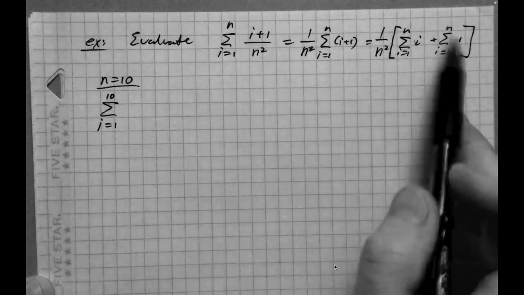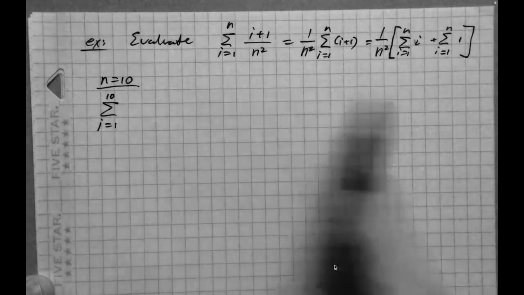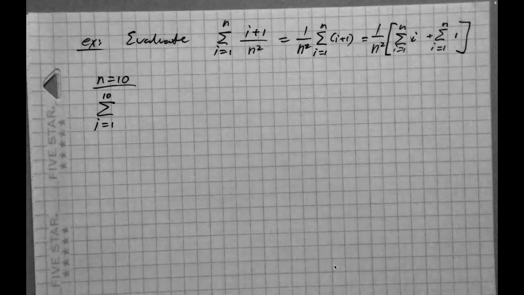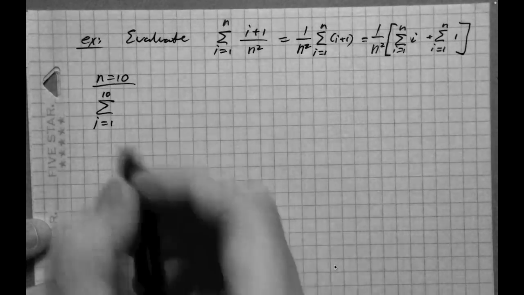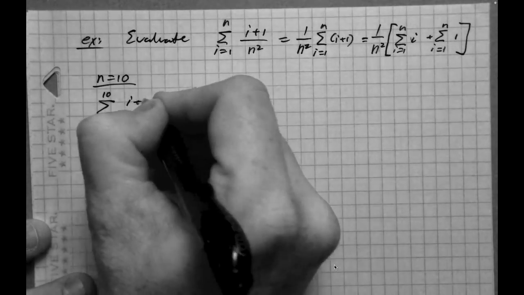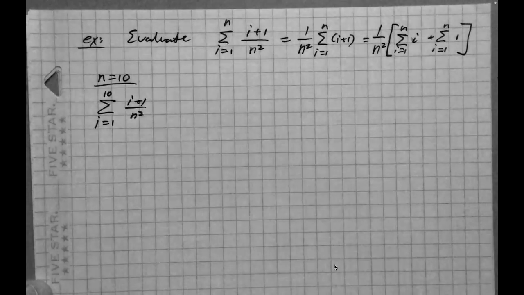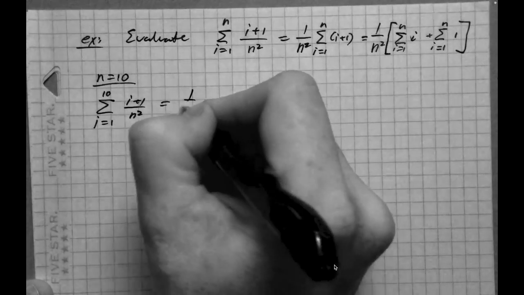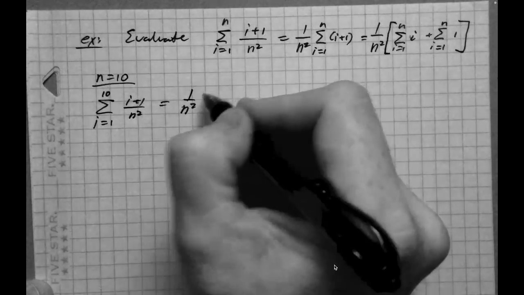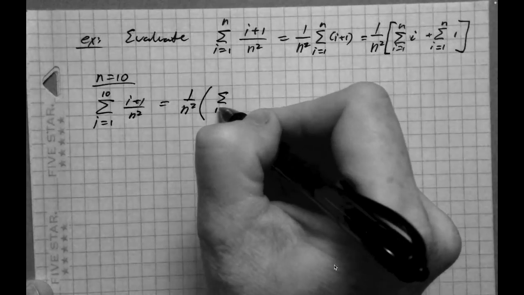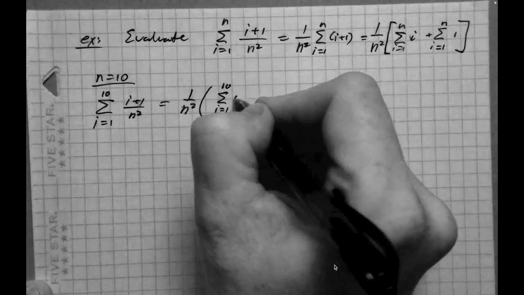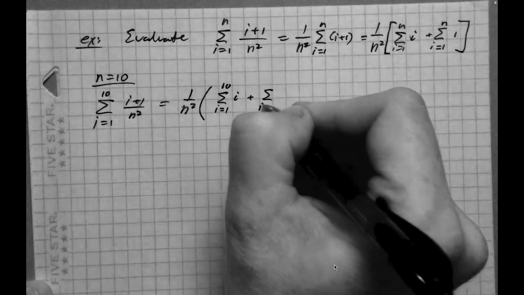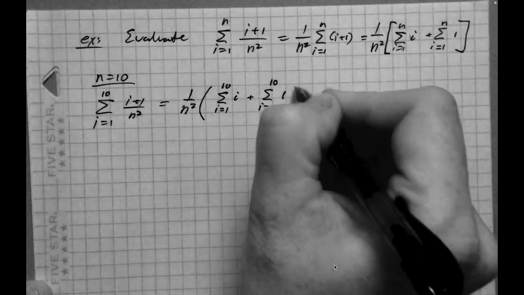So we can use that theorem to figure out what the sum is equal to for different values of n. Just writing it out here again, this could be written as 1 over n squared, and then its sum is i goes from 1 up to 10 of i plus i equals 1 to 10 of 1.